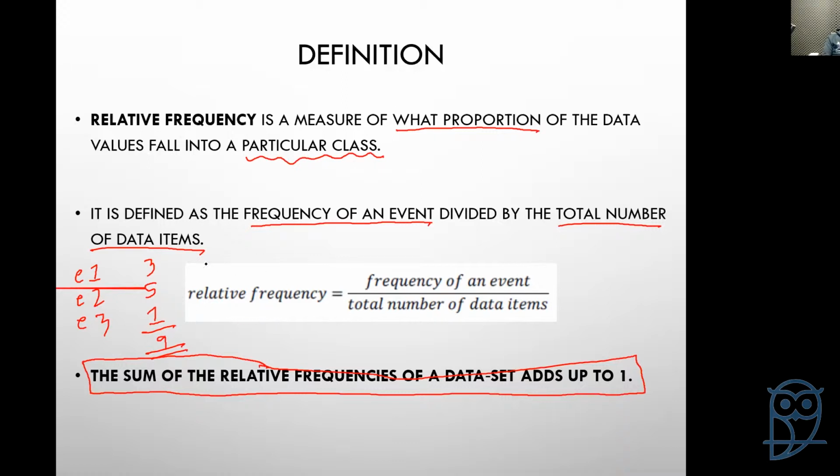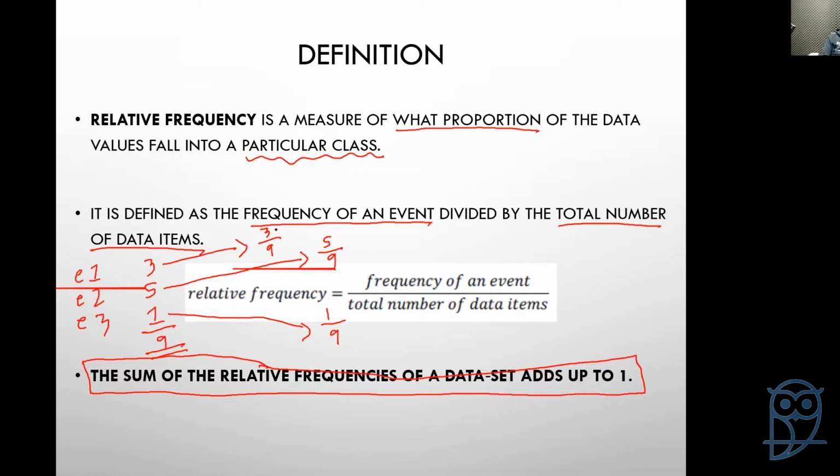How would we calculate the relative frequency of this? Well, the relative frequency of event 1 would be 3 out of 9 because it's the frequency of the event out of the total amount of data items. The relative frequency of this one would be 5 over 9, and the relative frequency of this one would be 1 over 9.